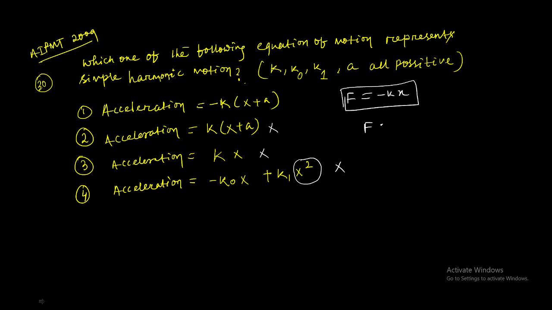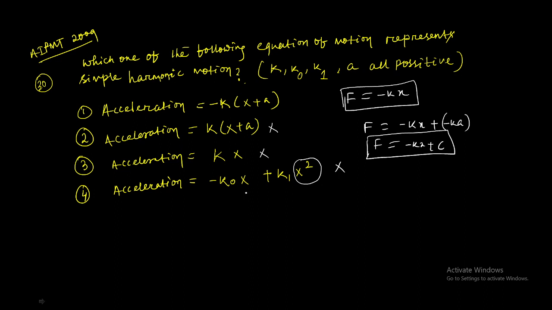So f can be written as minus kx minus k, right? So this is a constant. So minus kx plus c, this will be your simple harmonic motion. Here x square is sitting, so it cannot be SHM, right?